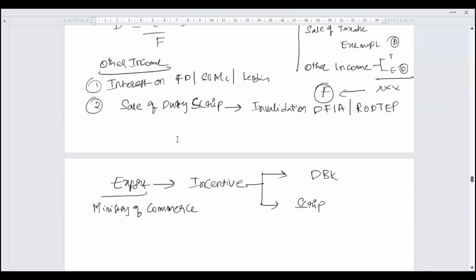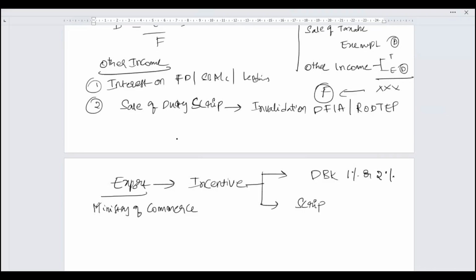Government says that, look, I need exports. When exports happen, I get foreign currency into India. Now, to encourage these exports, I have to give a lollipop to the business people. So they say that, look, when you export, I'll give you a duty drawback of 2% or 1%. That means I don't do anything. Straight away, this 2% or 1% comes to my bank account. You export, shipping bill is there. On that shipping bill, whatever FOB value is there, 1% of that comes into my bank account as duty drawback. There is nothing to be done.